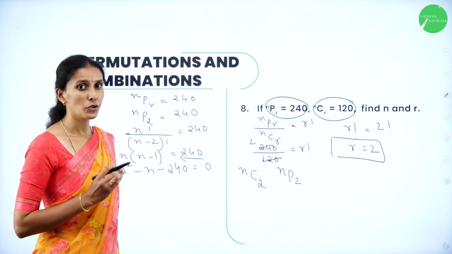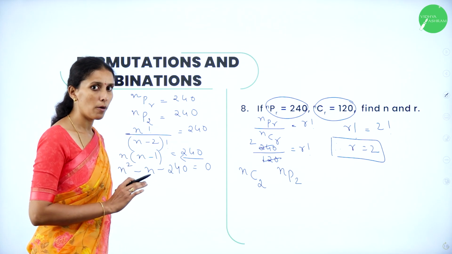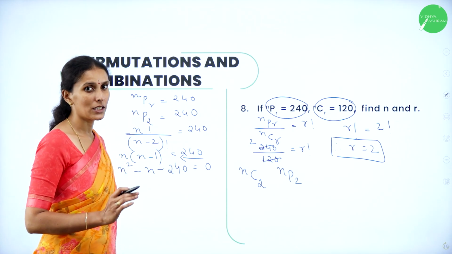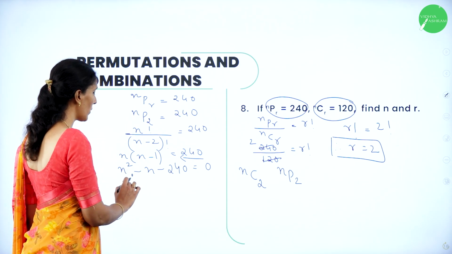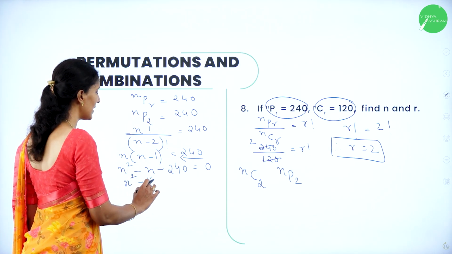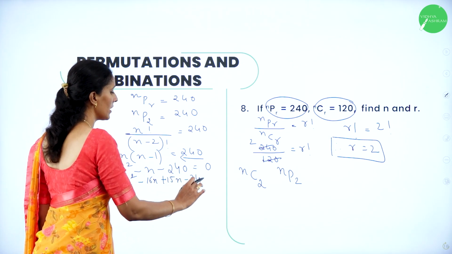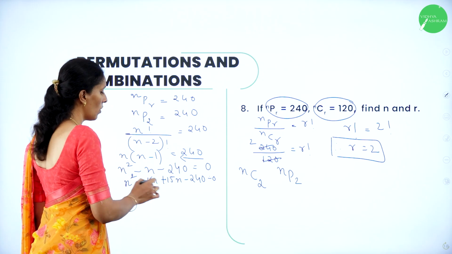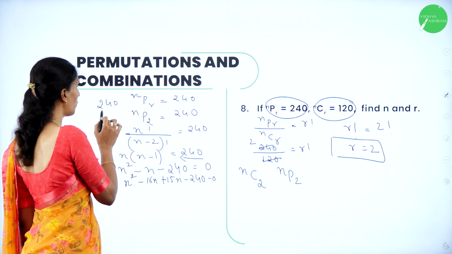So here I have to use the concept of quadratic formula. So either you can use the formula or you can use the splitting of the middle term. Okay, so I'll use the splitting of the middle term. So n square minus 16n plus 15n minus 240 is equal to 0. So how have I written 16 and 15? So split 240.